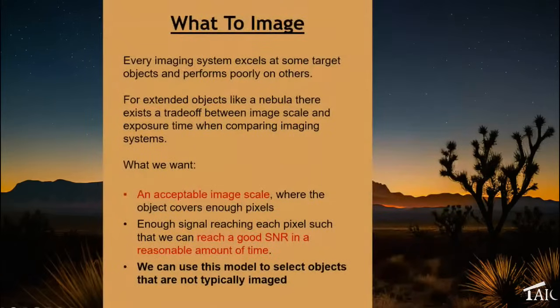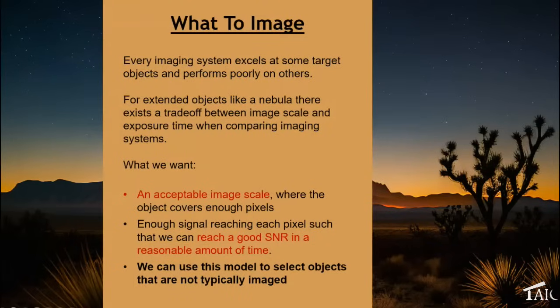So what's the first thing you can do when you've got something that can predict the signal-to-noise ratio of your image based on where you're at, what night you're imaging, your telescope, all that stuff? The first thing you can do is determine what kind of things you want to image. Each imaging system is better at some targets than others, especially with extended objects like a nebula. There's a trade-off between image scale and exposure time.